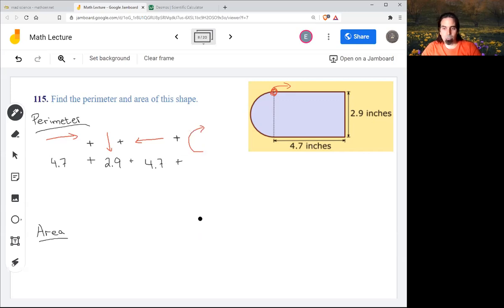This is trouble. So if I went all the way around the circle, then I would have circumference is pi times diameter. What's the diameter of this circle? 2.9. Everyone agree and see why?